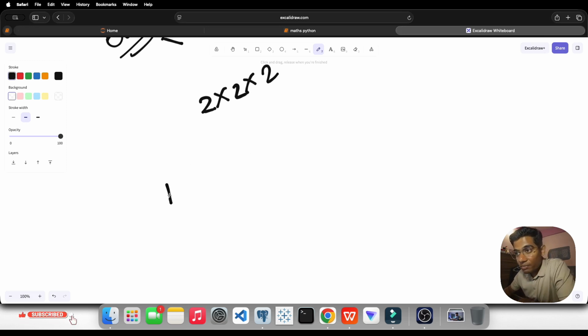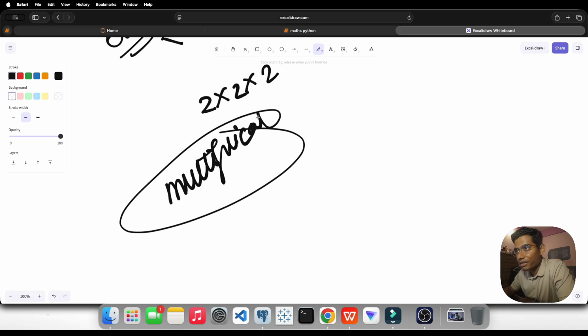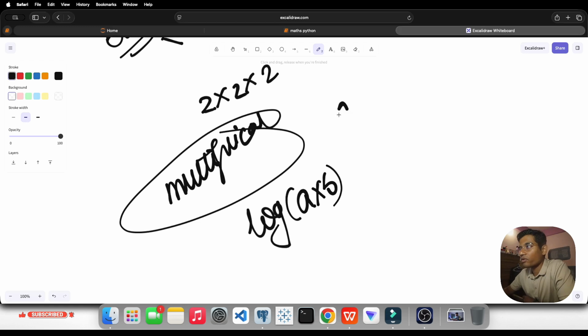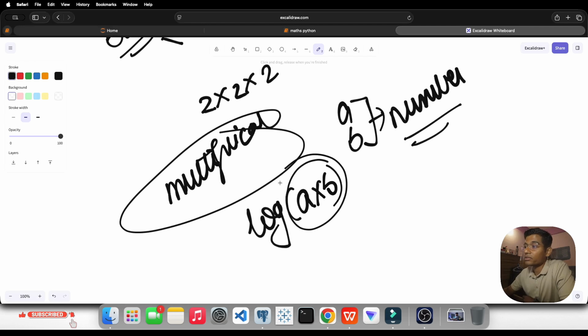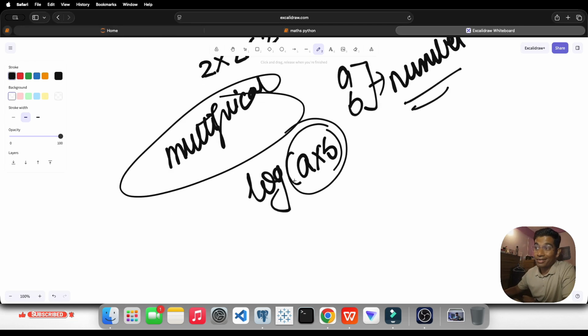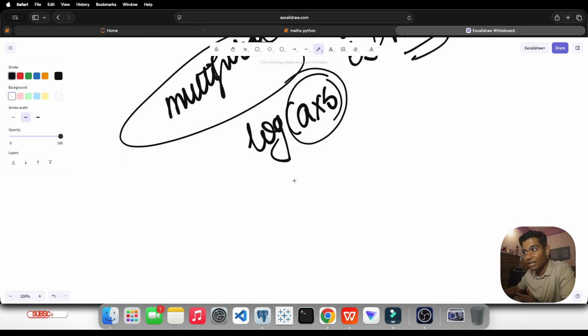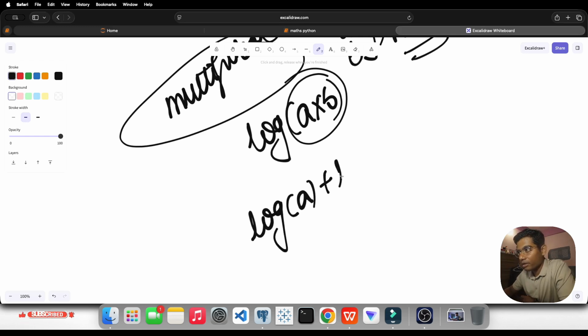What is log multiplication? Let's understand this as well. Log multiplication is log a into b. What is a and b? A and b are just numbers. So when you see this log and inside two numbers are getting multiplied, then you can easily say it is log a plus log b.